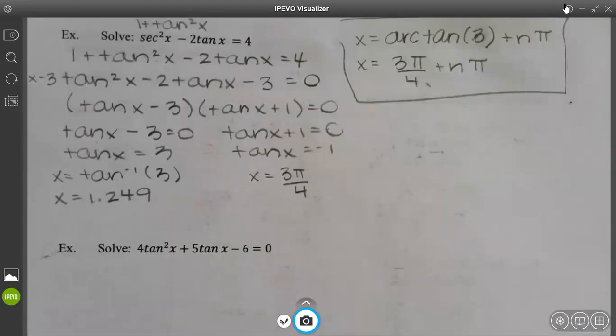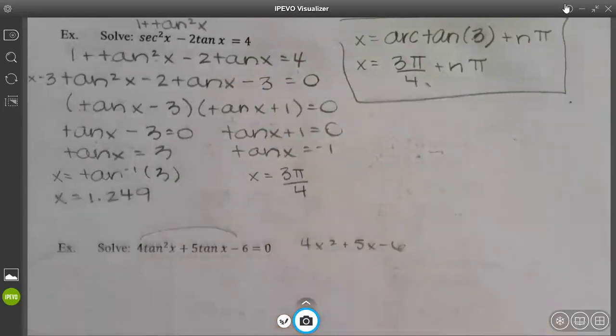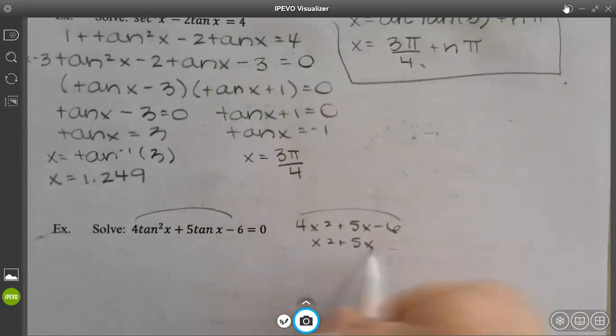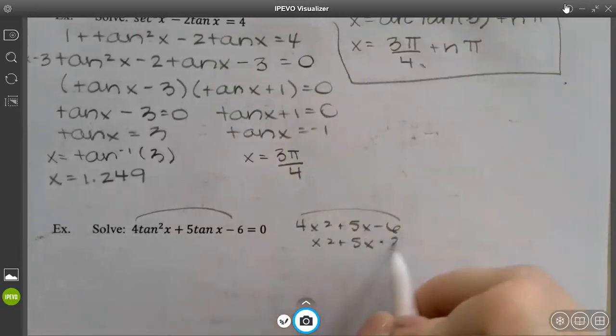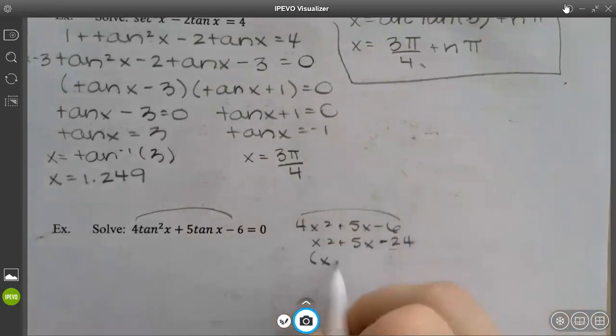What do I have to do? Find divide. So we have 4x squared plus 5x minus 6. Slide it over, we get x squared plus 5x minus 24. Factors of -24 that add to 5. 8, -3.